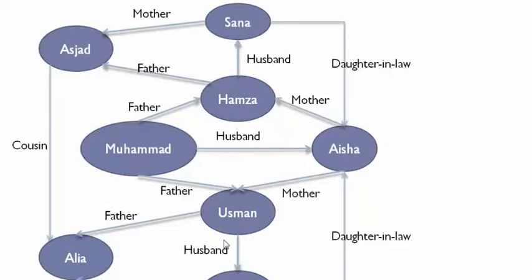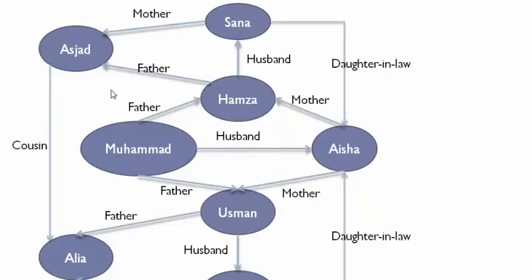So here you can see how this family information is represented using the graph. It's very easy to understand and you can extract information as per your requirement. Suppose I want to know what is the relationship between Asjad and Aisha.